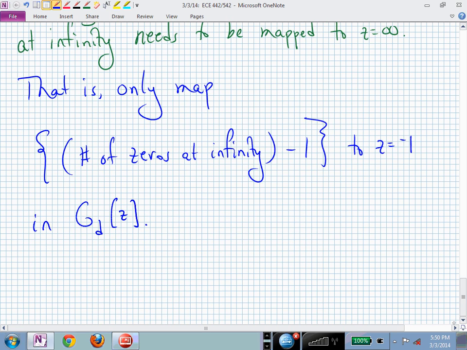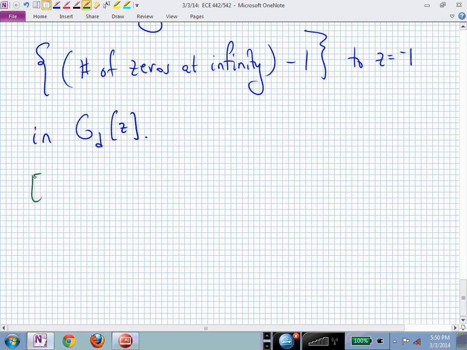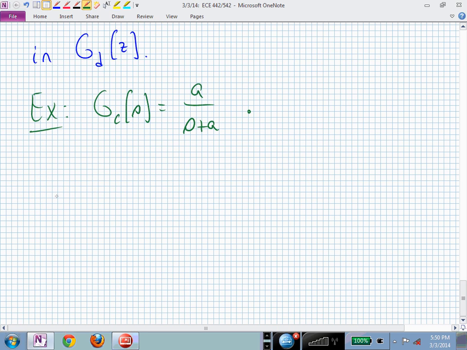So let's look at that earlier example that we just worked. This low-pass filter. Let's create a new discrete equivalent for that.